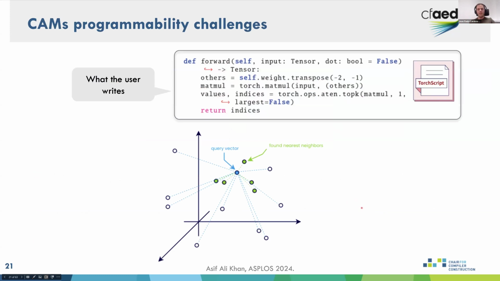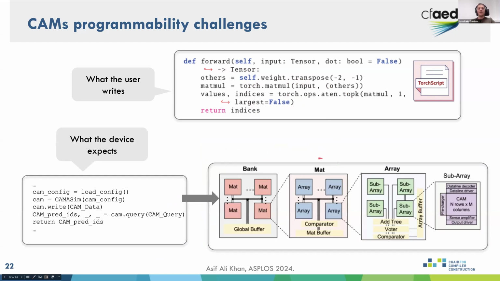But for doing that, we as programmers are used to writing programs, let's say in Python, and we represent, for instance, a KNN problem in terms of high-level operations like matrix multiplication and top-K and normalizations and so on. However, the device is not going to understand those primitives. It is going to understand only memory accesses, mostly write and read, right?